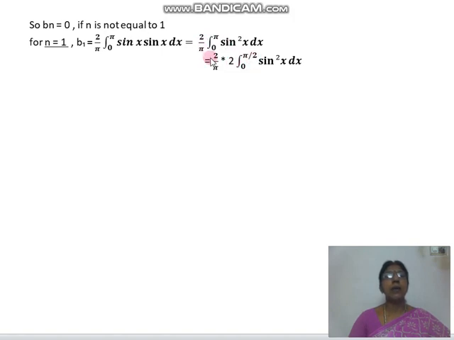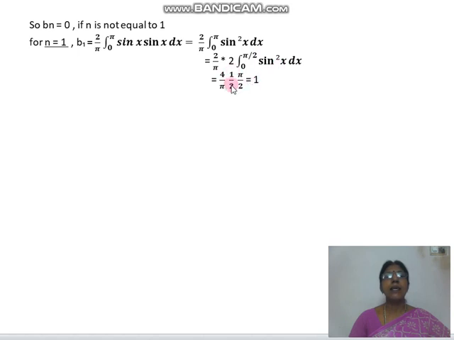As it is, 2 by pi, into 2 into integral 0 to pi by 2 sin square x dx. Now it becomes 2 into 2, 4 by pi.